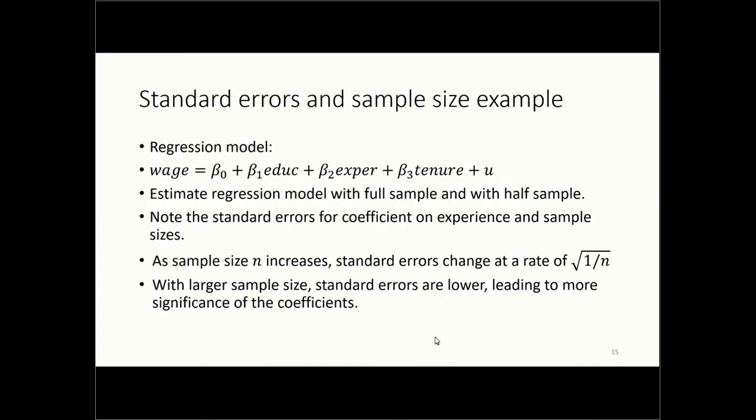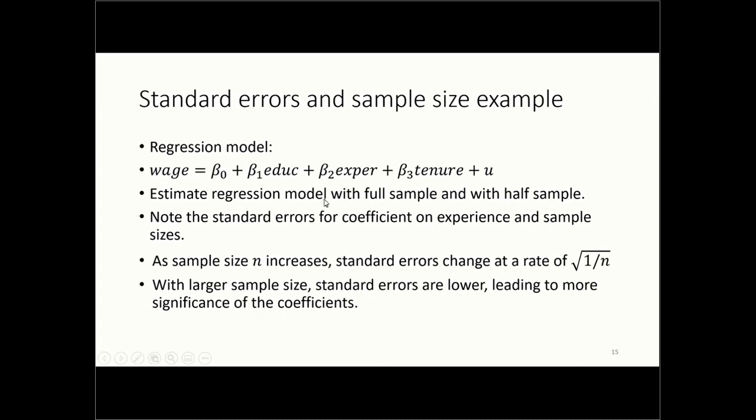Here we have the regression model of wage on education, experience, and tenure. We are going to estimate the regression model with the full sample and a half sample, just to see what happens with the standard errors and the sample size. That's by no means a large sample, but it shows how they compare.